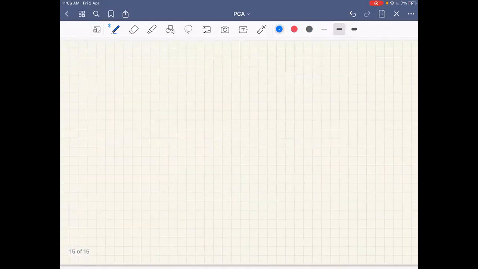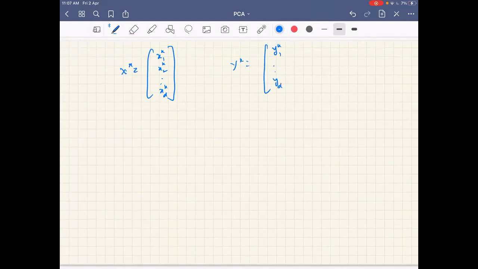So more explicitly, if we consider xk as x1, x2, and so on up to xd, and yk as y1 up to yd, then xk1, xk2, xkd may be correlated.